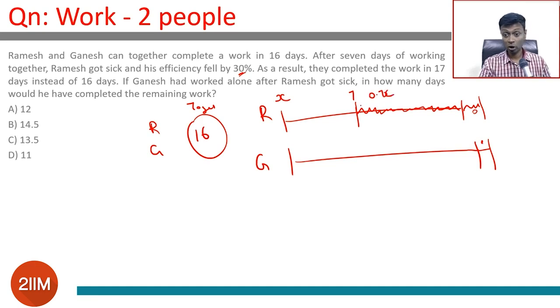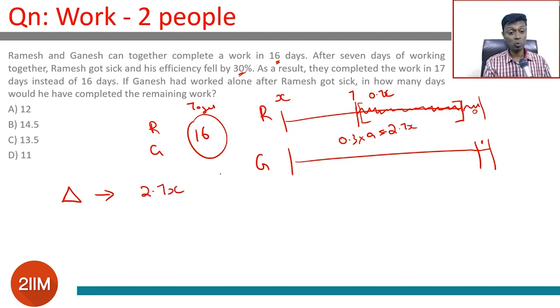Now think about this. To the original schedule of 16 days, there are 9 more days to go. In these 9 days, Ramesh is going to fall short by 2.7x, 0.3 into 9. So the delta, the gap because of the drop in efficiency, is 2.7x. x is what Ramesh accomplishes in a day.